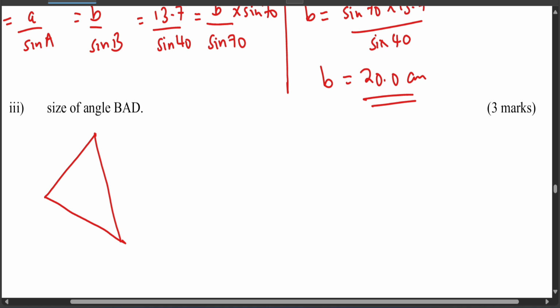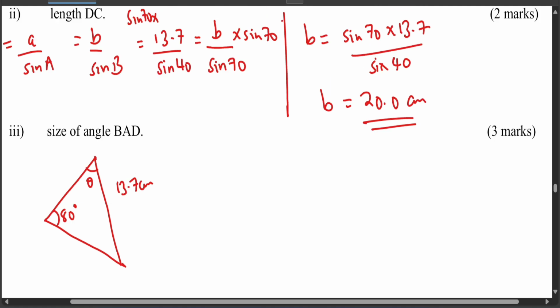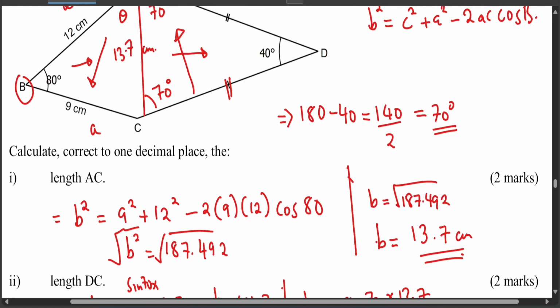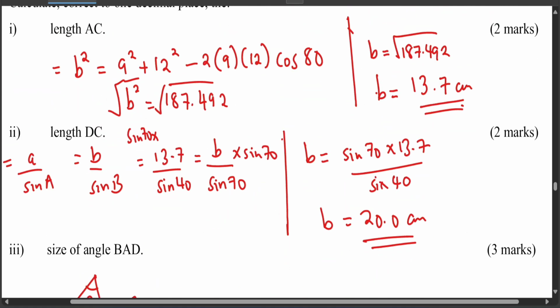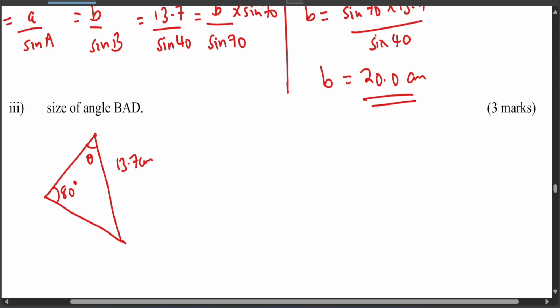So hapa tayari uko na 13.7 cm. Angle yake uko nao ambao ni 80 degrees. Sawa. Hii angle hauna. Side yake uko nao ambao ni 9 cm.